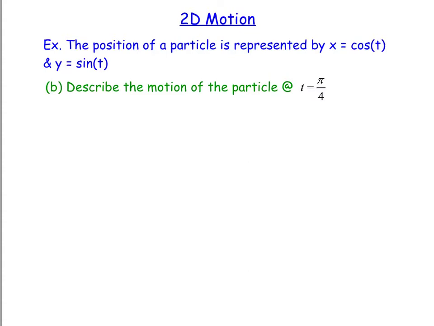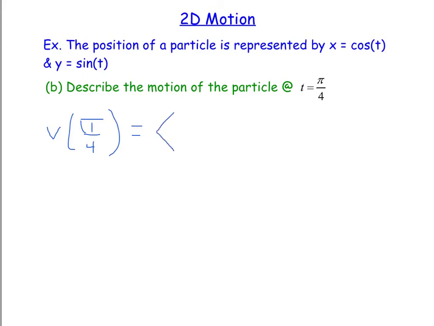Now, just like with one-dimensional motion, in two-dimensional motion, to describe where the particle is going, we can just examine the velocity of the particle. And in the prior video, we calculated the velocity vector as being negative sine t, comma cosine t. So, to describe where the particle is moving at pi over 4, we need to examine the velocity vector at pi over 4.